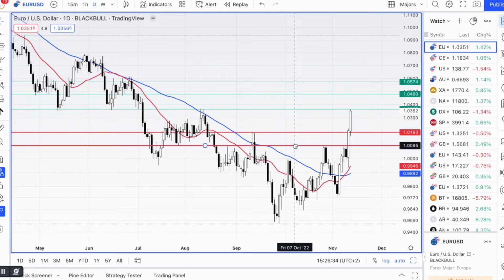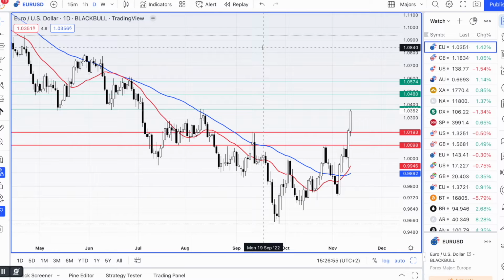So we've got, call it, 1.01 and 1.02. So our strategy on the euro is to buy dips to 1.02 or 1.01, and our targets will be 1.0350, 1.0480, and 1.0580. So that's the strategy on the euro.